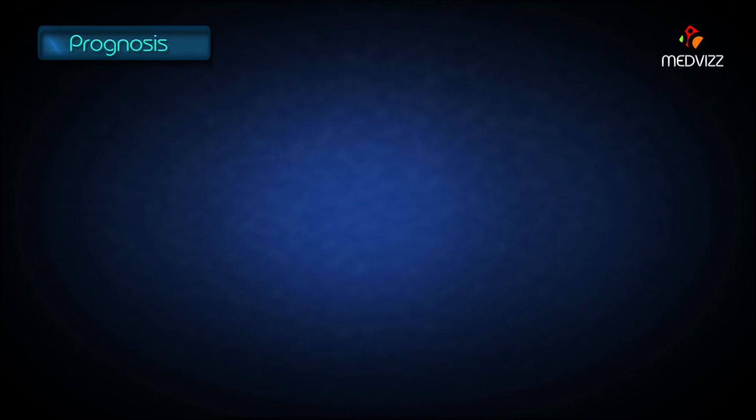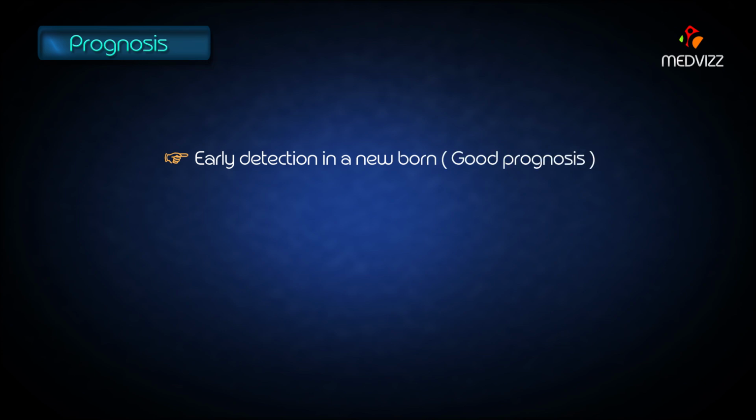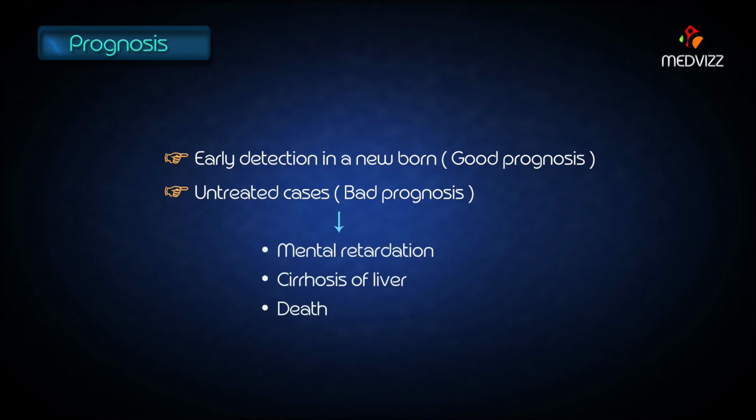And what is the prognosis? As I already told you, early detection in the newborn has a good prognosis, and untreated as well as neglected cases have a bad prognosis that leads to mental retardation, cirrhosis of the liver, and ultimately death. And what is the clinical significance?